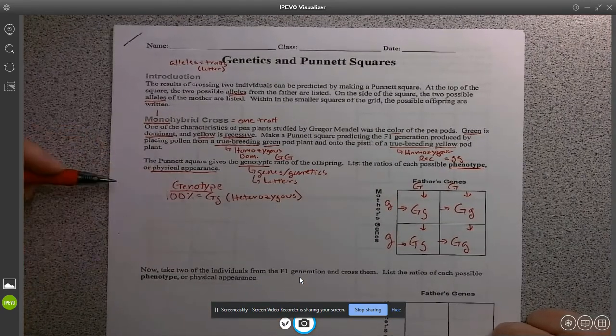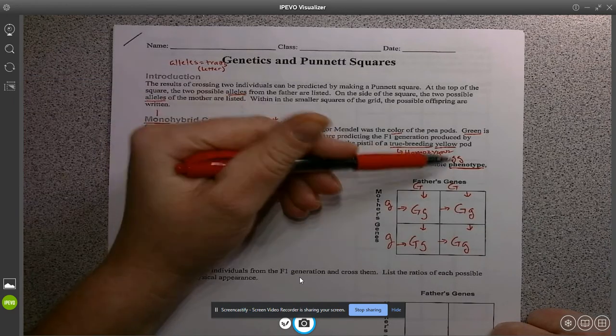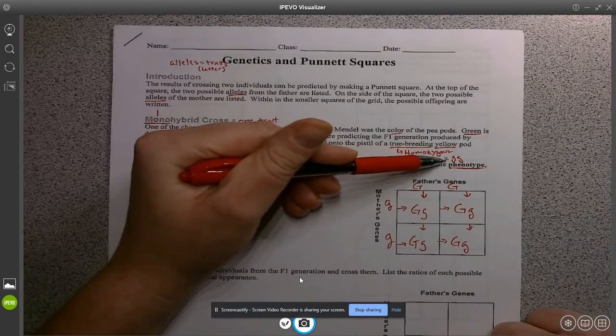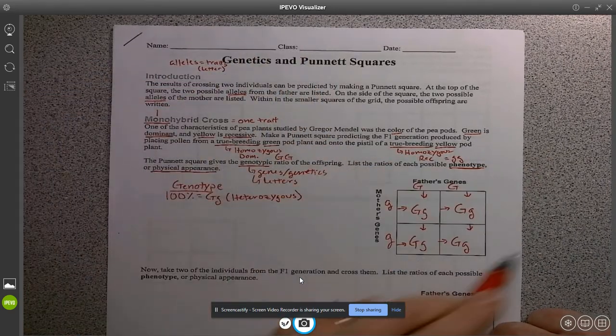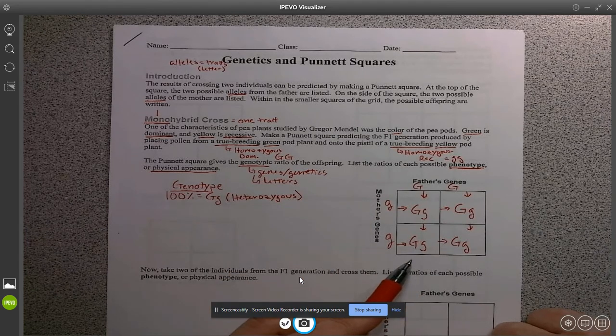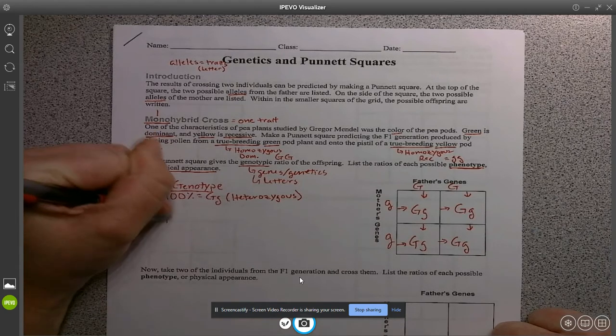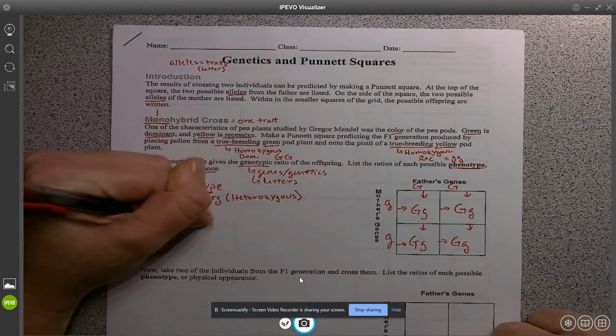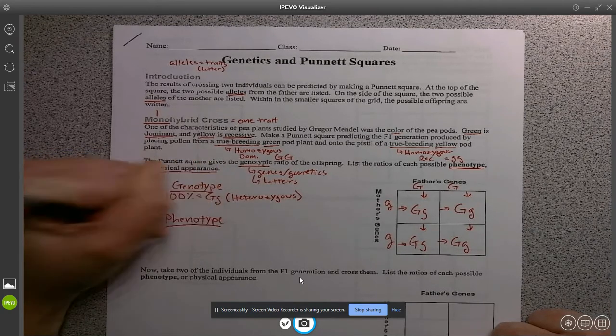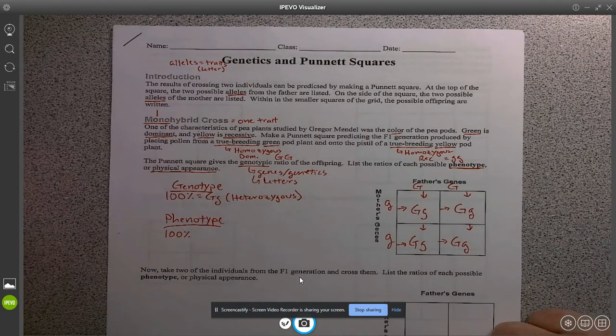So, in order for something to phenotypically express the recessive trait, for a pea pod to be yellow, it needs to have two little g's. It has to. That's the only way that's going to work out. None of our offspring have two recessive alleles, two little g's. So we got a phenotype: 100% green.